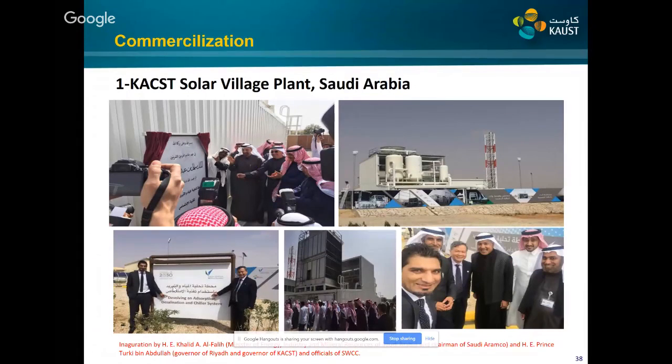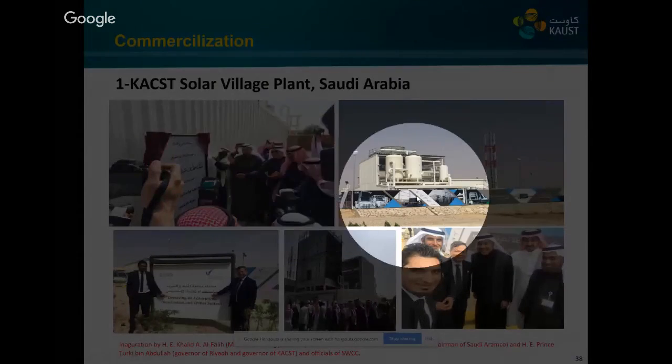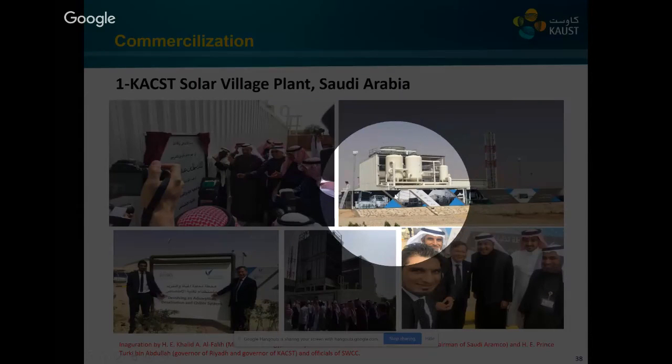Last year in February we inaugurated our first plant at Solar Village, King Abdulaziz City for Science and Technology in Riyadh. It was inaugurated by the Minister of Petroleum, and it's operating successfully.